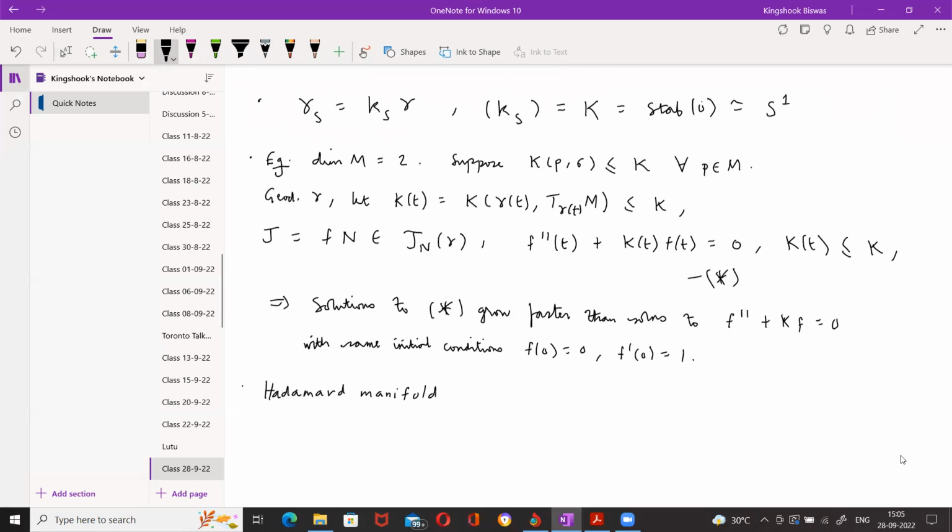So a Hadamard manifold is a complete, simply connected, non-positively curved Riemannian manifold.